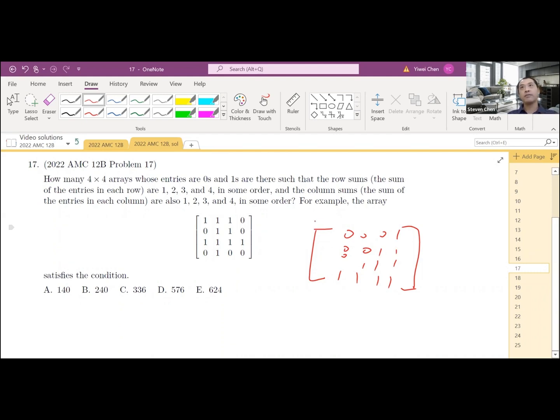Is it clear? Okay. Next, we'll use this uniqueness fact and the swapping property to count the total number of feasible matrices.